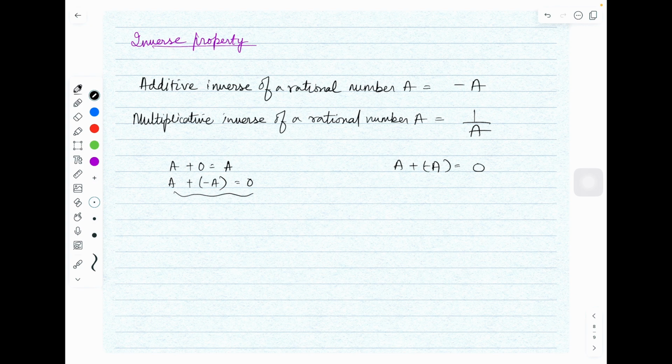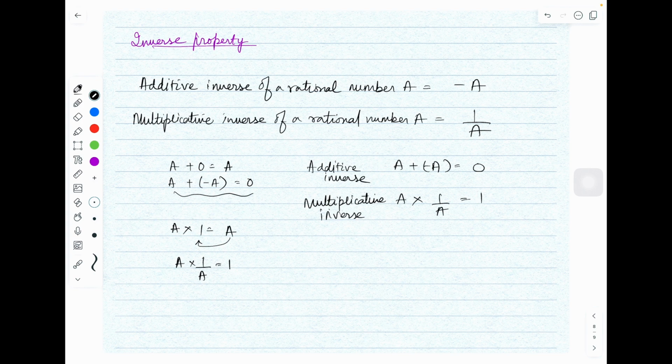Now from identity property I have learned A into 1 equals to A. Now if you take this A to here, only 1 will remain, so it will become like this: A into 1 by A equals to 1. Understood? So this is the multiplicative inverse: A into 1 by A equals to 1.